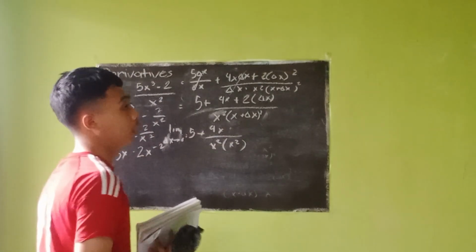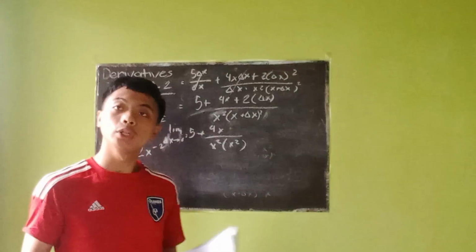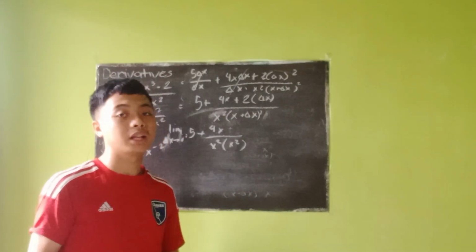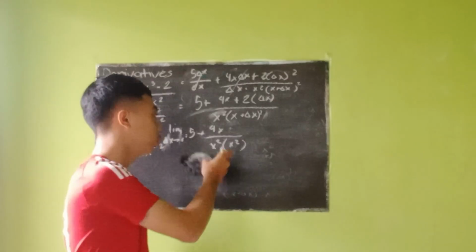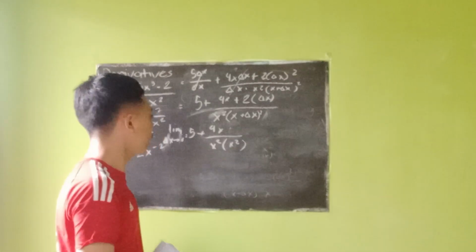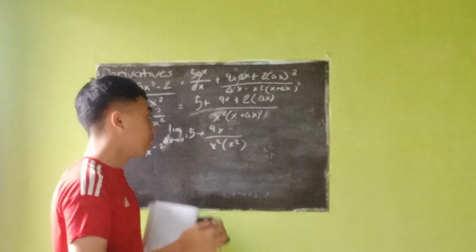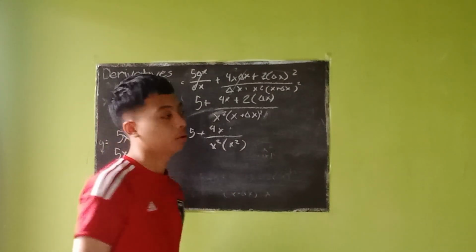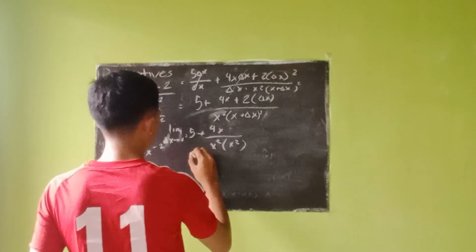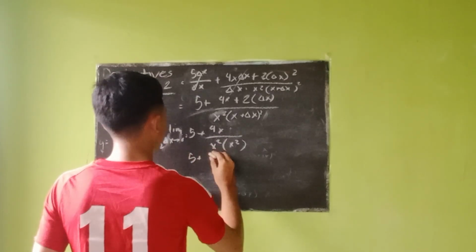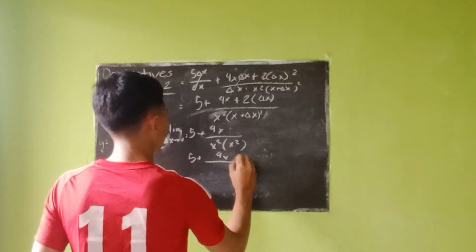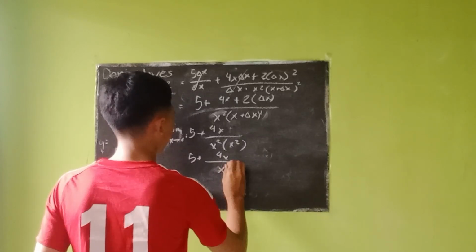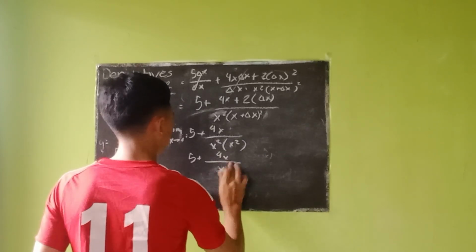Now we know that when you multiply these numbers, it also means that you can add the exponents with each other. So that also means x raised to the power of 2 plus 2. That's the product rule. So this one, 5 plus 4x, then x to the power of 4, rather.